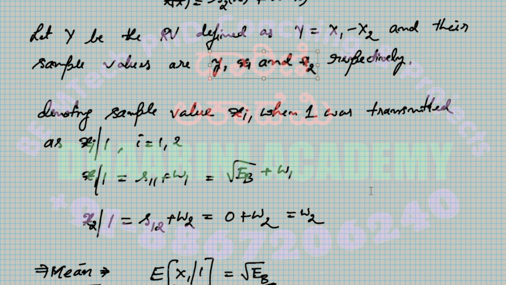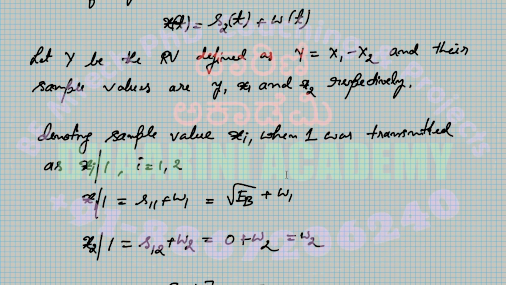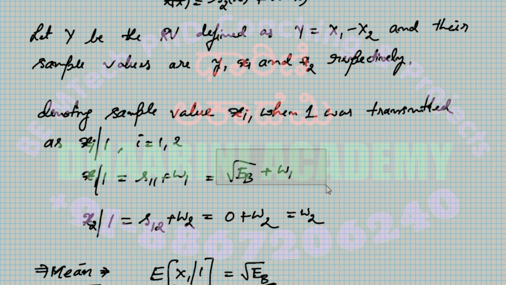Now you see you have two possibilities, right? Like x i comma 1, I can have x1 comma 1, x2 comma 1. So x1 comma 1 means when s11 comes into picture, x2 comma 1 comes into picture when you have s12. Substitute the same thing. Root Eb plus W1 you get for the first case, 0 plus W you get for the second case.